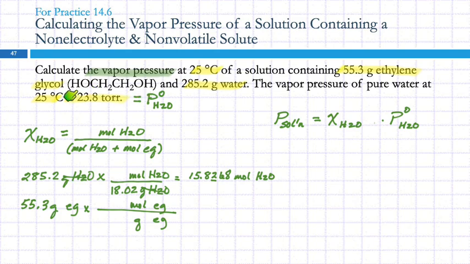There's hydrogens and carbons and oxygens all over the place. Let's count up the hydrogens. There's 1 plus 2 is 3 plus 2 is 5 plus 1 is 6. So 6 times the mass of hydrogen. And I've got 2 oxygens, 2 times the mass of oxygen. And 2 times the mass of carbon.